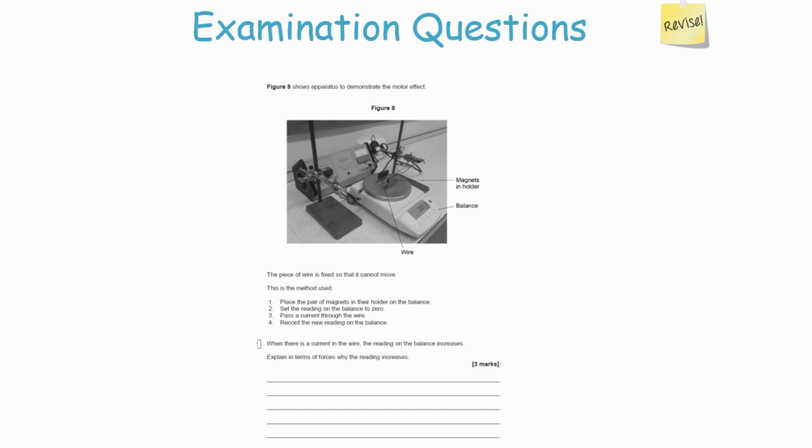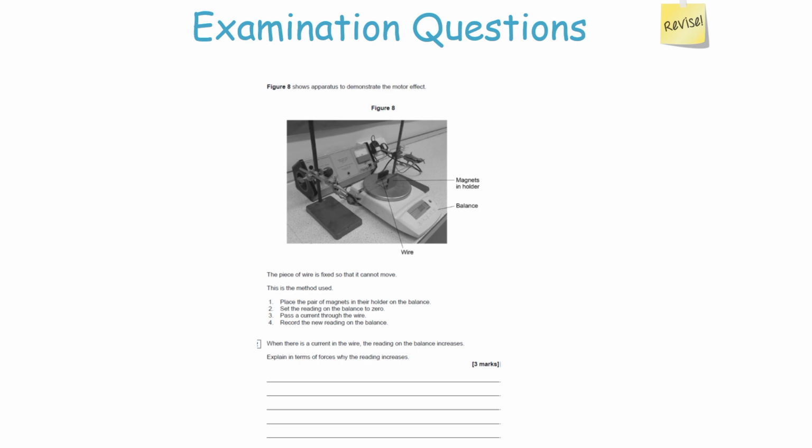Right, this is all about what the magnetic force is going to be on the object, but it's very important to note what's actually happening. Well, when you place a current through the wire, it is going to become an electromagnet. That's the principle of electromagnetism. When a current goes through a conductor, that conductor becomes an electromagnet, with a magnetic field around it that will interact with the magnetic field of the permanent magnets in the holders.